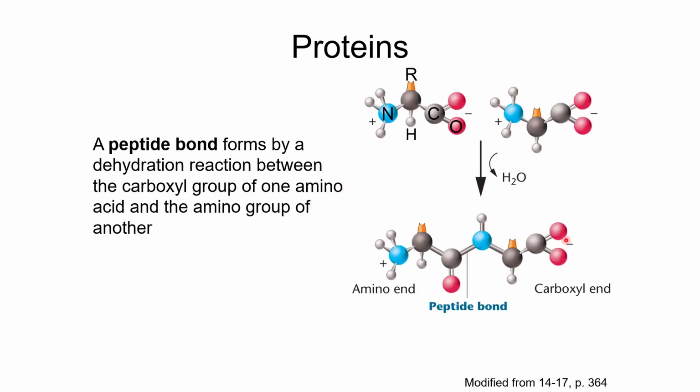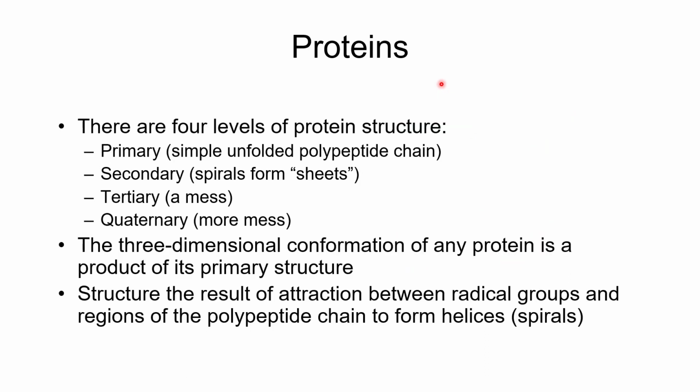And these amino acids are bound to each other by a peptide bond through a dehydration reaction that forms between the amino group and the carboxyl group of adjacent amino acids. As far as structure of a protein goes, there's 4 structure levels. The primary structure is just the polypeptide chain order.